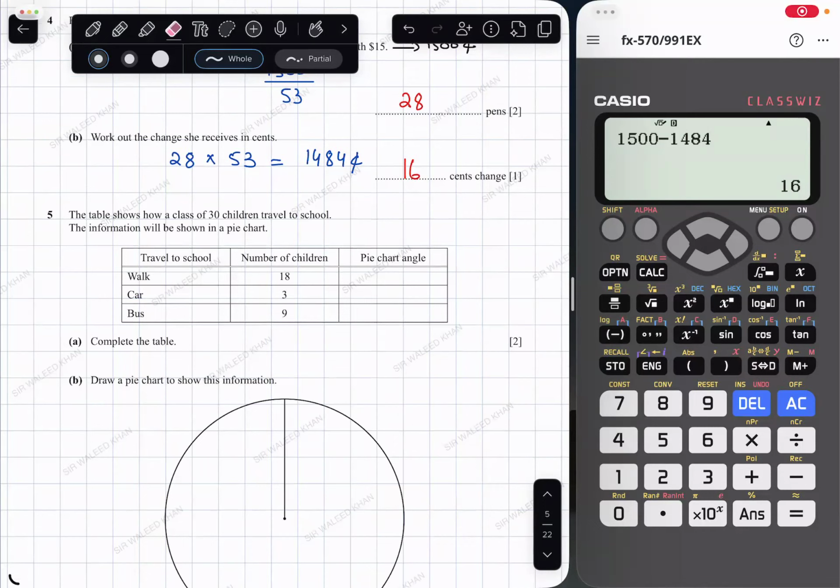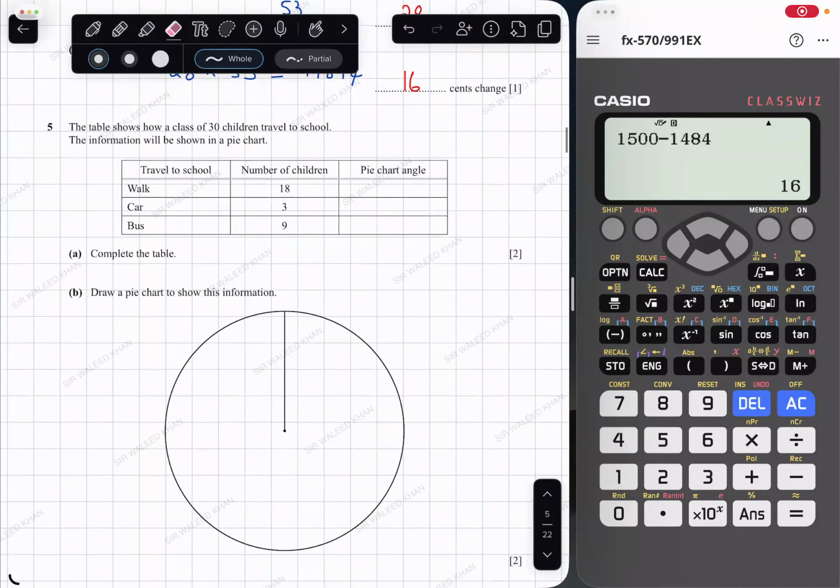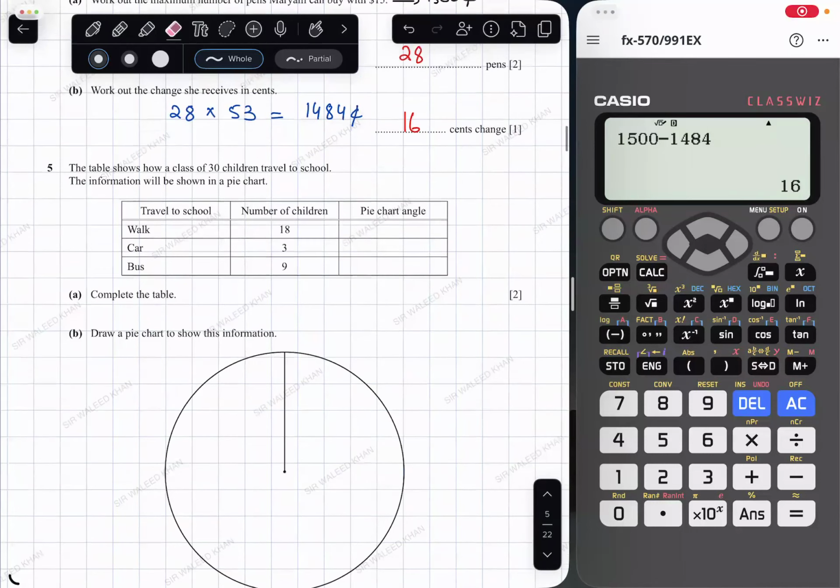Now, the table shows how a class of 30 children travel to school. The information will be shown in a pie chart. So, the number of children who walk to school will be represented by some number of degrees on the pie chart. The same goes for car, the same goes for bus. So, we have to figure out how many degrees, right?